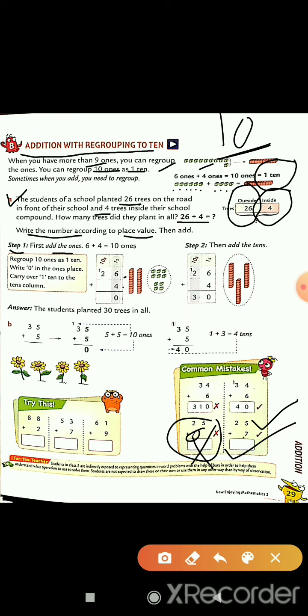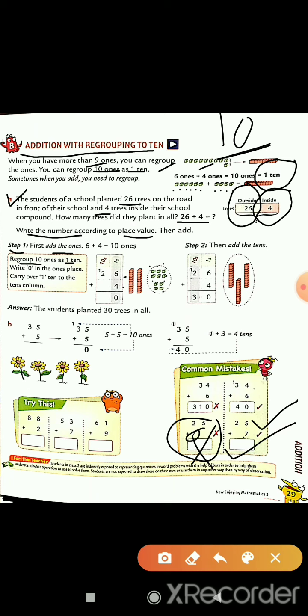So, count them together. 1, 2, 3, 4, 5, 6, 7, 8, 9, 10. We got answer 10. Now we have to regroup this 10 ones as 1 ten.